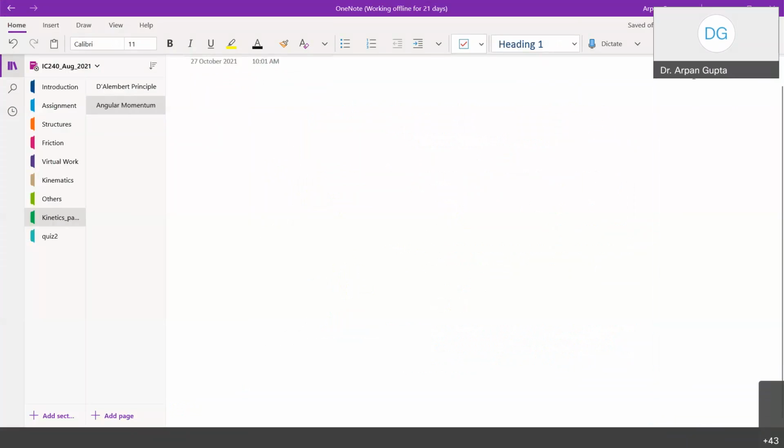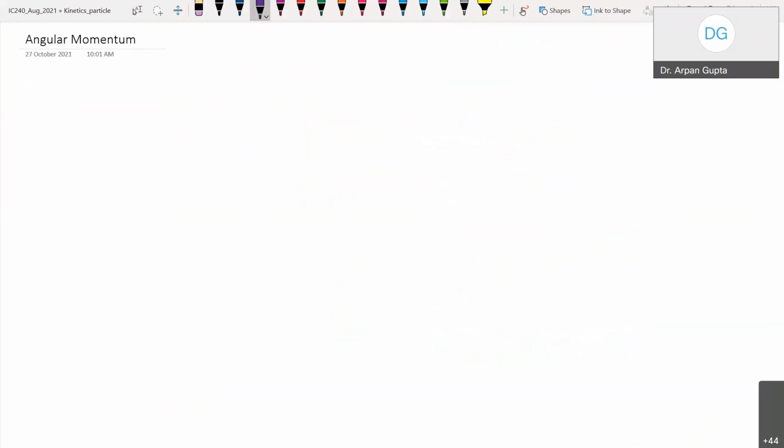I hope you can see my screen. So we have defined the h vector about a point O as r vector cross mv vector. That's the angular momentum of a particle about a point O. Say this is a particle which is moving in some direction; this is v.